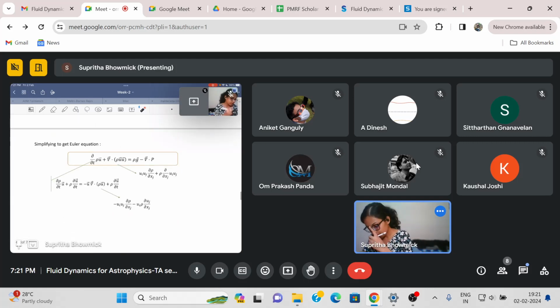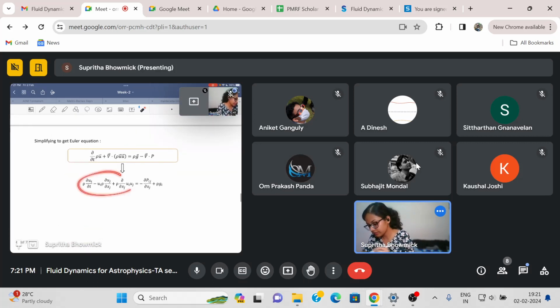Now there's some cancellation going on because this term cancels with this term, right? So we are left with this term and this term, which we write on the left-hand side as this.